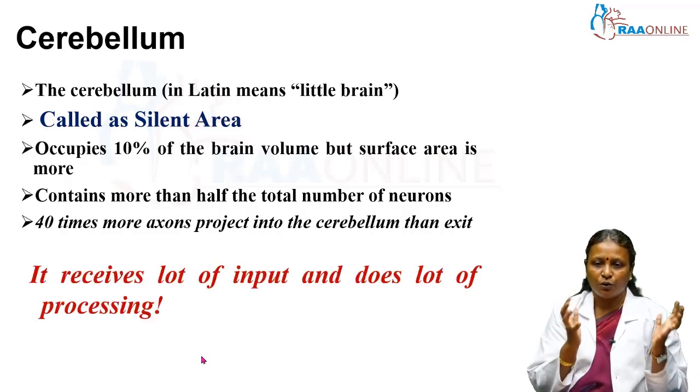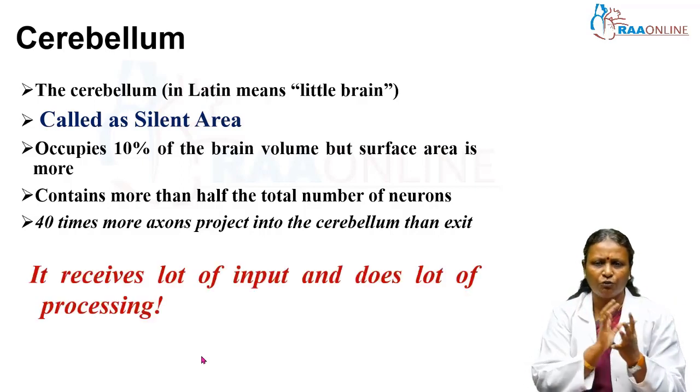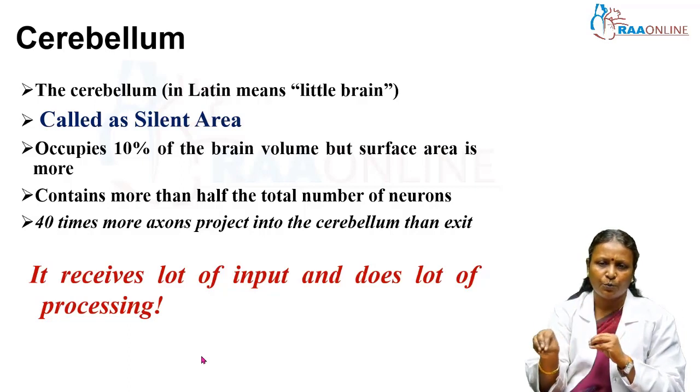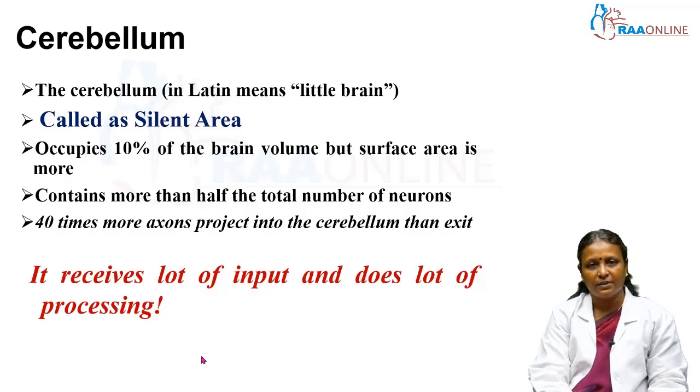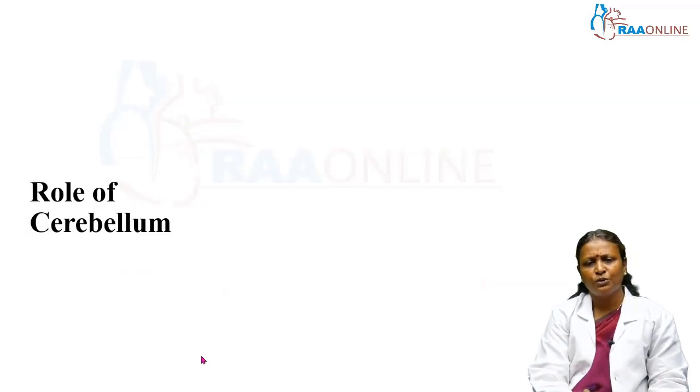It receives a lot of input, it does a lot of processing, and the final output is very crucial in executing motor activities. How is the cerebellum going to coordinate, or how is it going to execute motor activity?